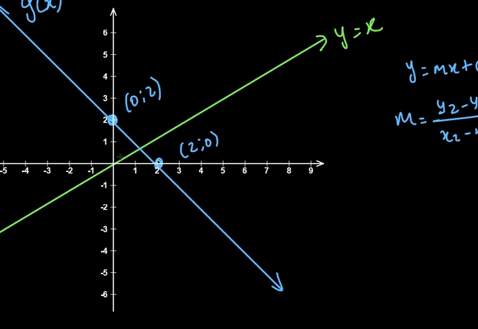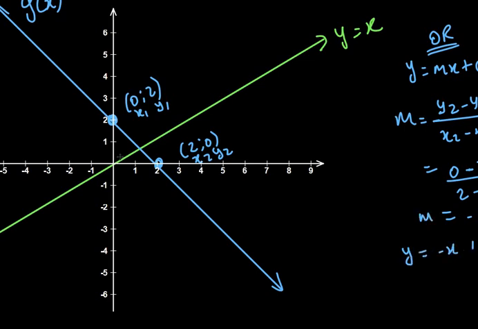I'm going to write this as x2, y2 and x1, y1. So I'm going to have 0 minus 2, then 2 minus 0. That means I'm going to have negative 1 as the gradient. So I have y equals negative x plus c.